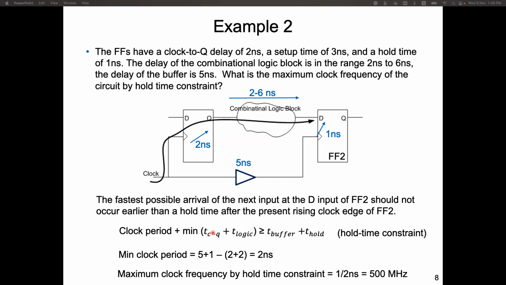It's possible that the next sample may arrive at this point earlier than the time allowed for this flip-flop to process the first sample. This has a time interval to process the first sample, and the next sample should not occur when flip-flop 2 is processing the previous sample.